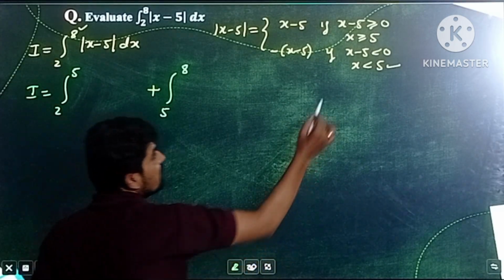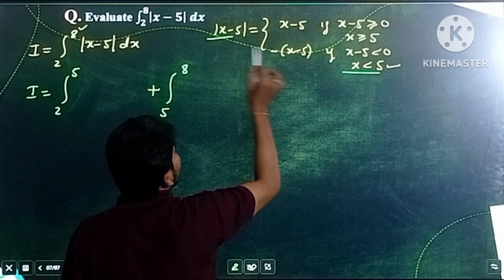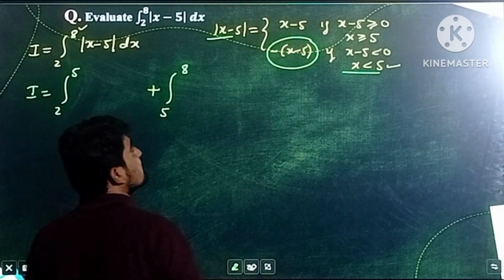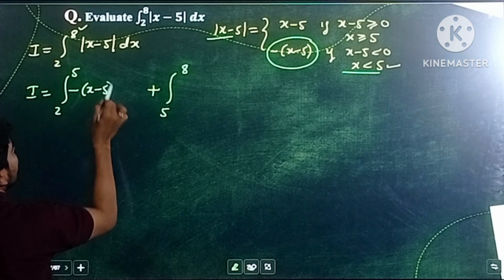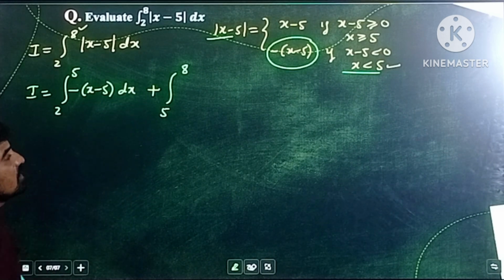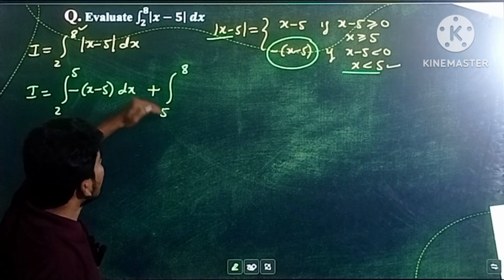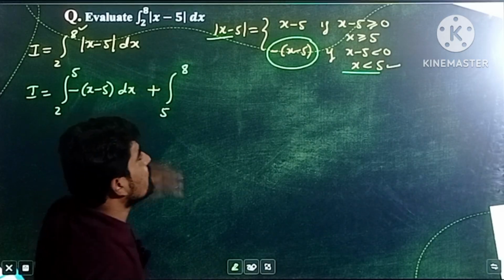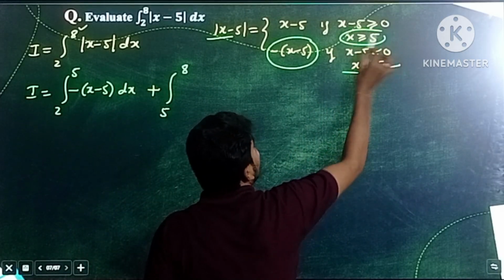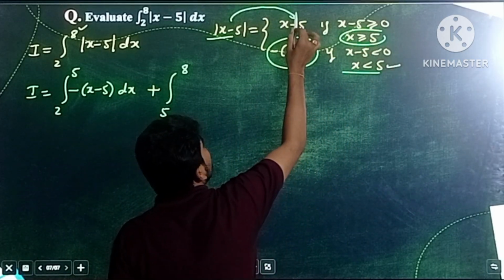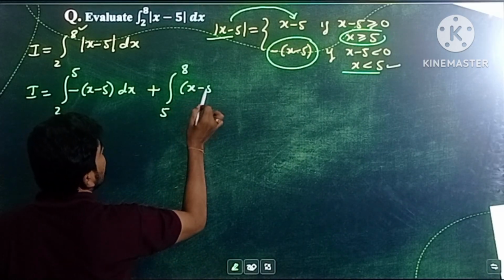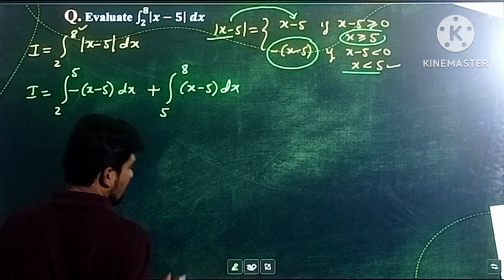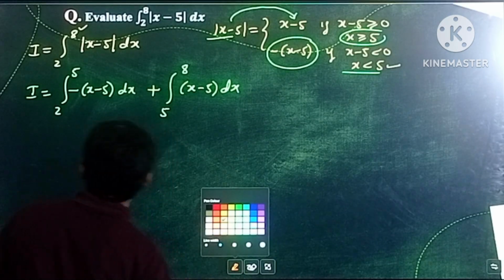When x is less than 5, definition of modulus x minus 5 is minus of x minus 5. So here minus of x minus 5 with respect to x. Plus integral limits from 5 to 8 means more than 5. When x is more than 5, definition of mod x minus 5 is x minus 5. So x minus 5 dx. I hope all of you understanding.